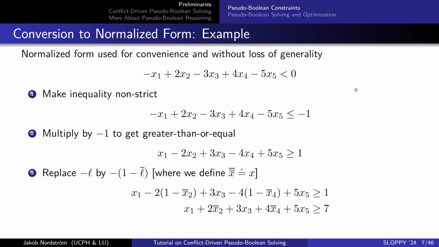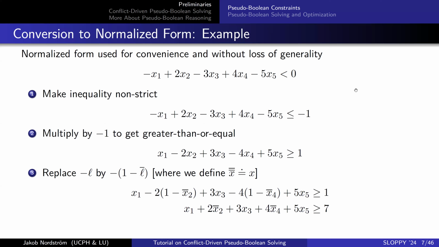And then whenever we have a literal L with the wrong sign, we just negate it and switch the sign, okay? Where we use that minus L is exactly the same as minus parenthesis 1 minus not L end parenthesis. So then we recover our general pseudo-Boolean constraint from before.